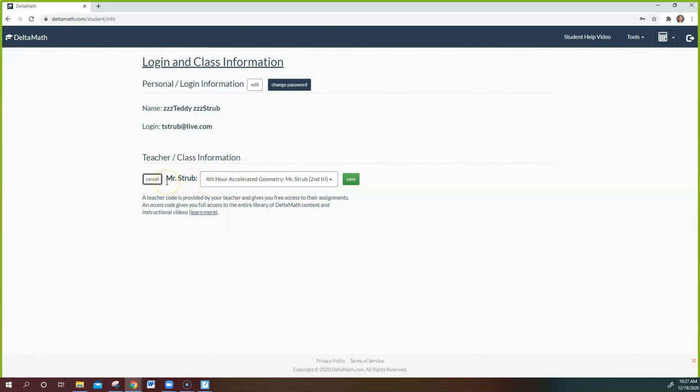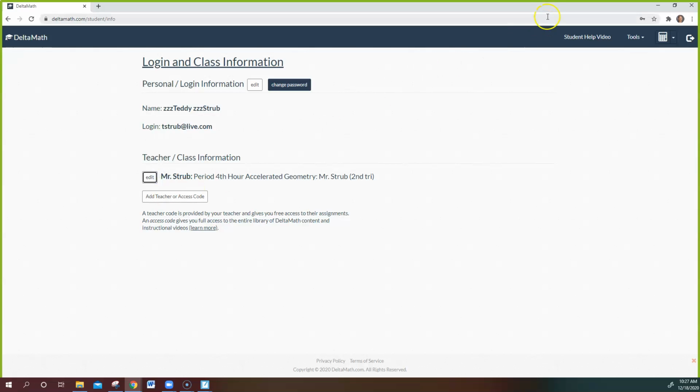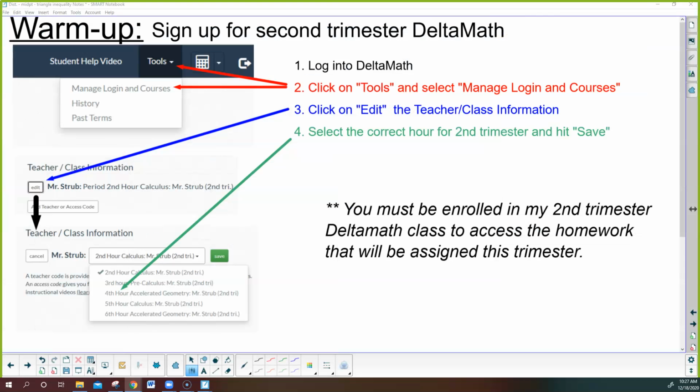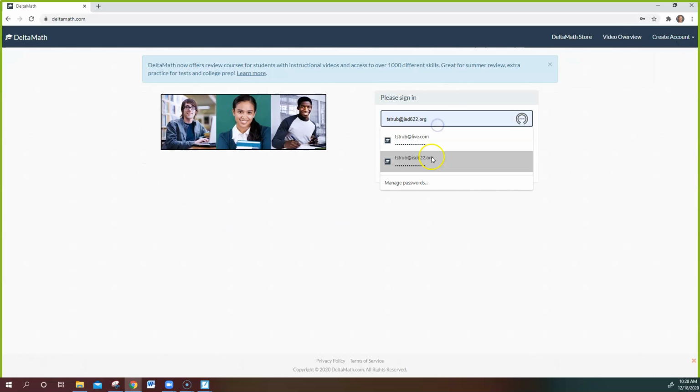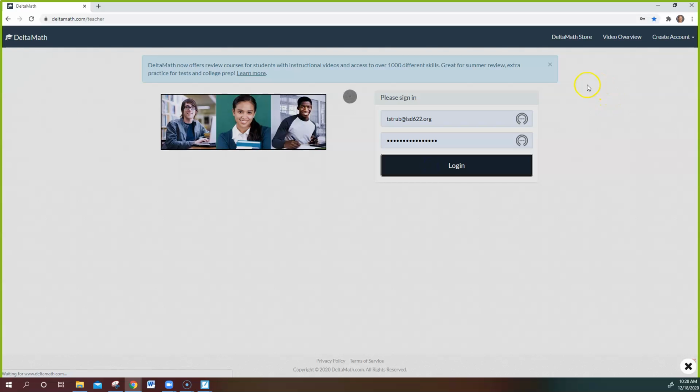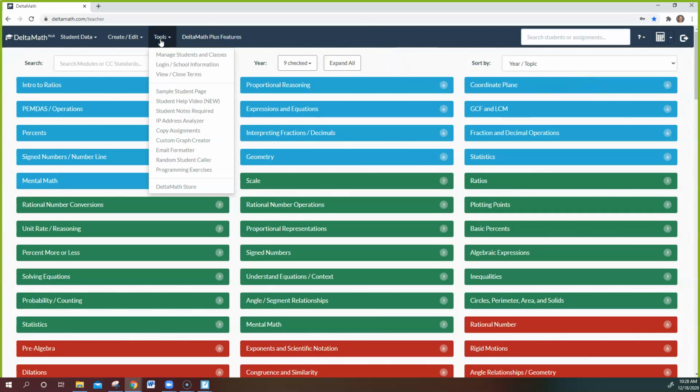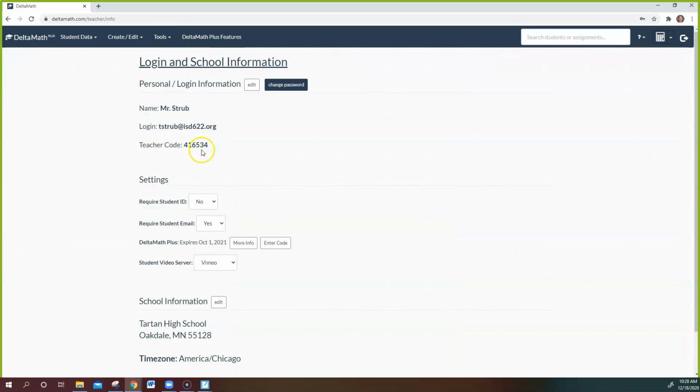If it's not the case, it does say you need a code. Okay. Well, let me show you the code then. I have to sign into my other account. That's why we're doing this now all together, is in case things do pop up. All right, my teacher code.